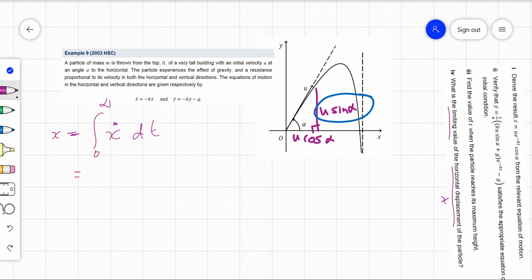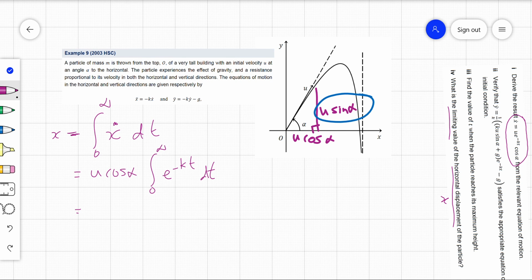All right, so x dot we know is u cos alpha times e to the minus kt, because we have that right here. So always looking for something to use. So we are integrating, and u cos alpha is just a constant. So which bit has the t in it? We have e to the minus kt that we can integrate with respect to t.